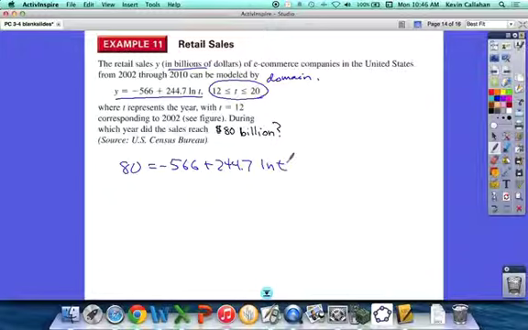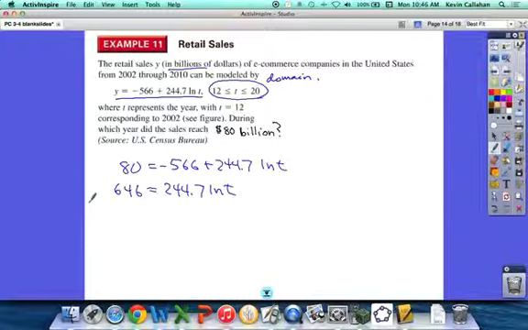Okay, so now this is a logarithm equation, and we're going to solve it like we solve a logarithm equation, which means first step is isolate. Okay, what should I do to isolate this? Add the 566 to the side, just to make that 646. Okay.